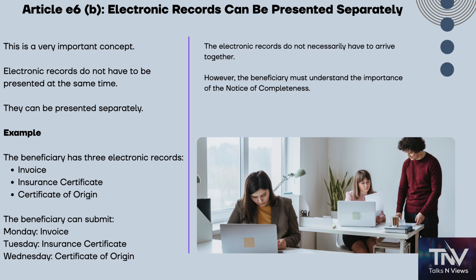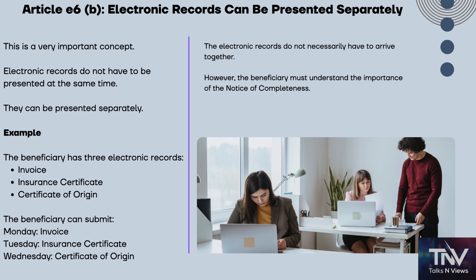Article E6, B. Electronic records can be presented separately. This is a very important concept. Electronic records do not have to be presented at the same time. They can be presented separately. Example: the beneficiary has 3 electronic records: invoice, insurance certificate, certificate of origin.